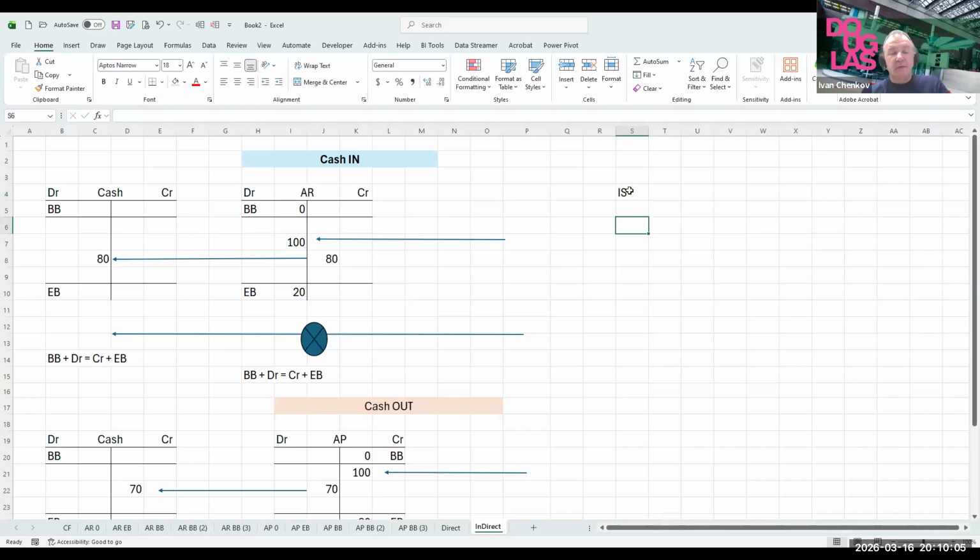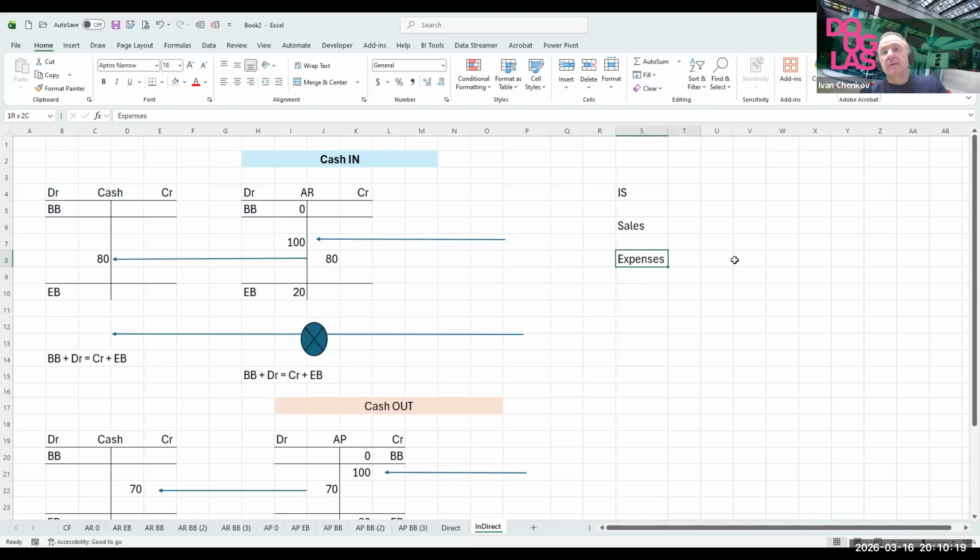From the income statement, we're going to get sales, and then we're going to add the expenses, and that's going to give you net income. Net income. Now in our scenario, sales were 100 and the expenses are 100.